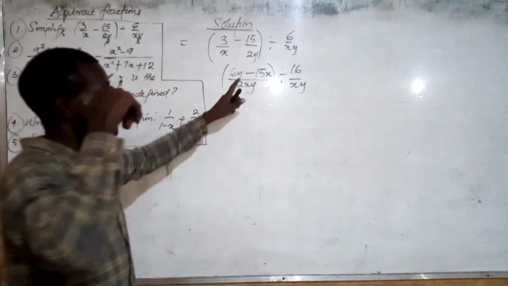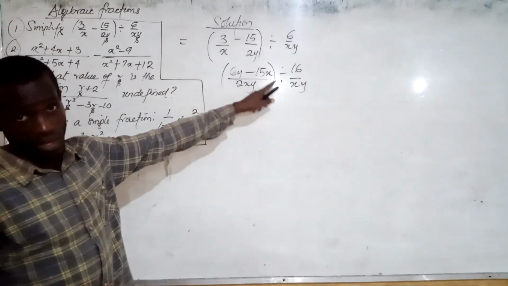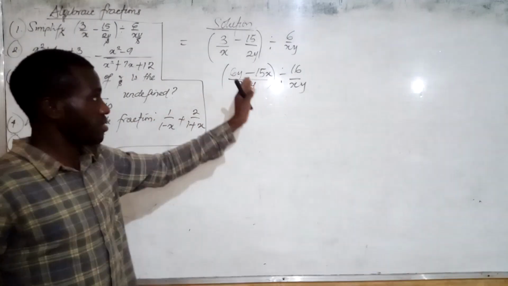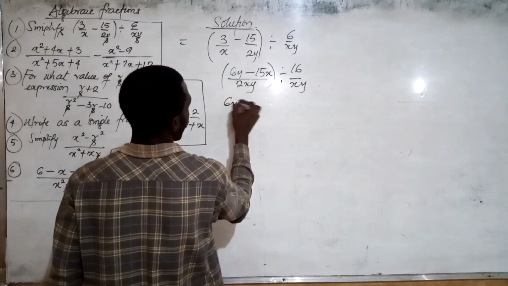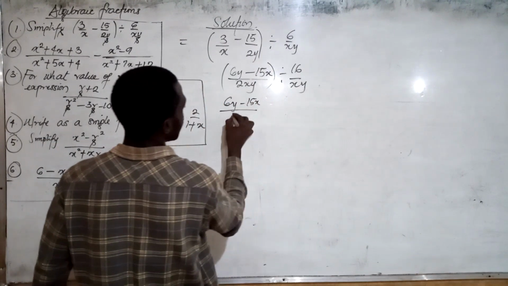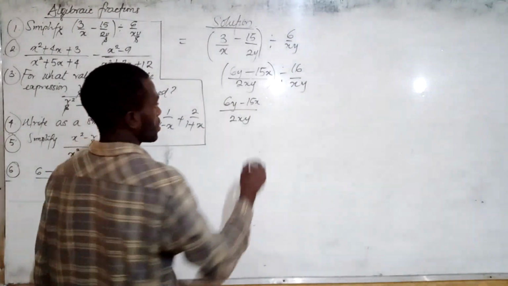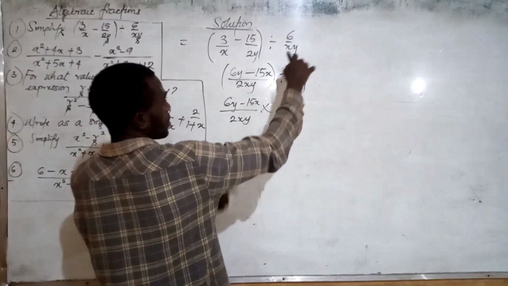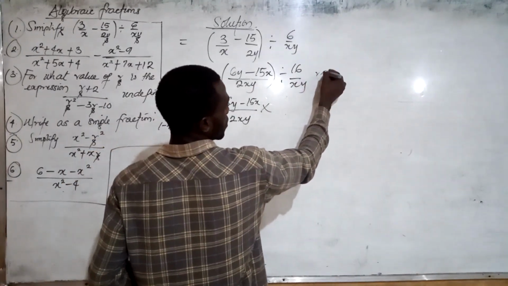So then we will now divide this entirety by 6 over xy. Notice I did not solve any further because there is no relationship between x and y here. I mean, we can't simplify that further. So what we do now is divide by that. So we now have 6y minus 15x all over 2xy. The division changes to multiplication, correct? And by changing to multiplication, this one reciprocates.